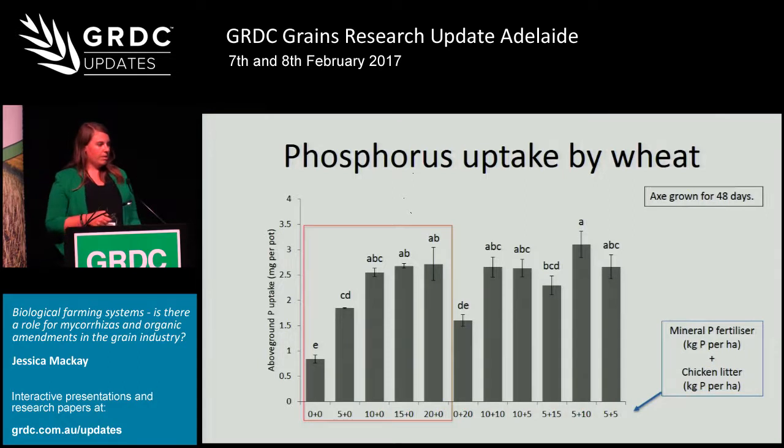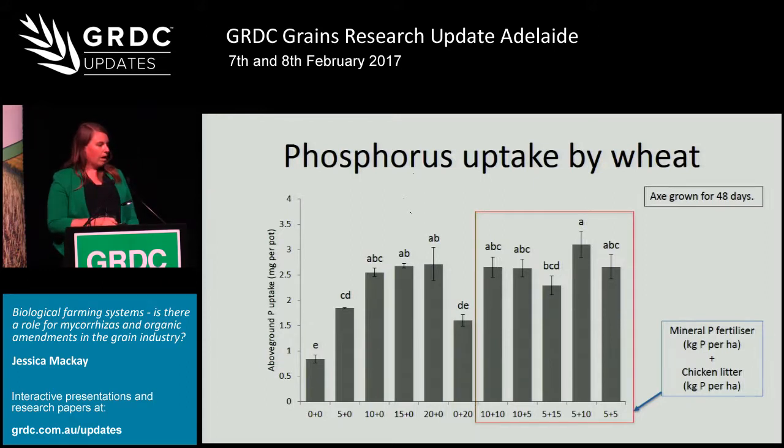And you can see that we found an increasing amount of phosphorus uptake with increasing additions of mineral phosphorus. When chicken litter alone was added, we saw low phosphorus uptake. But with combinations of mineral phosphorus fertiliser and chicken litter, there was sufficient phosphorus uptake by wheat.